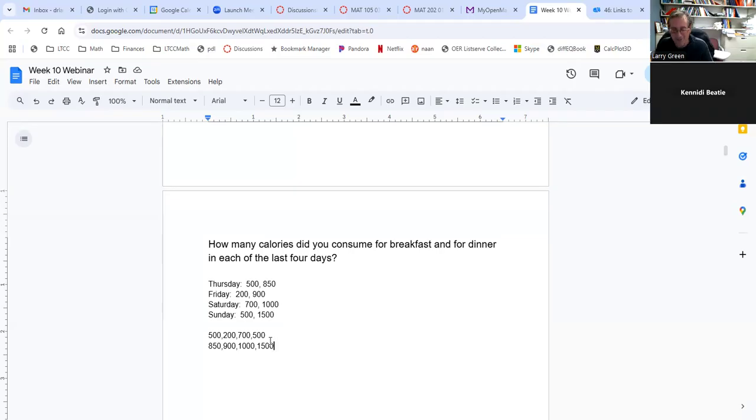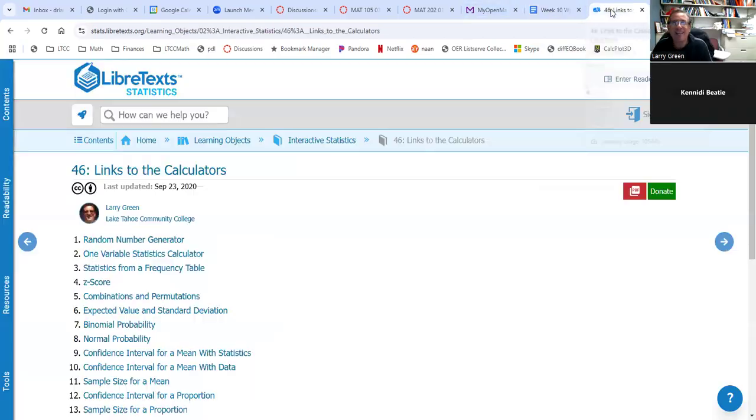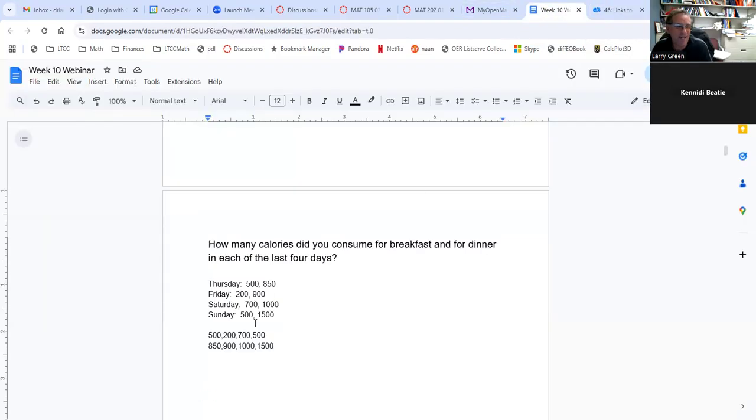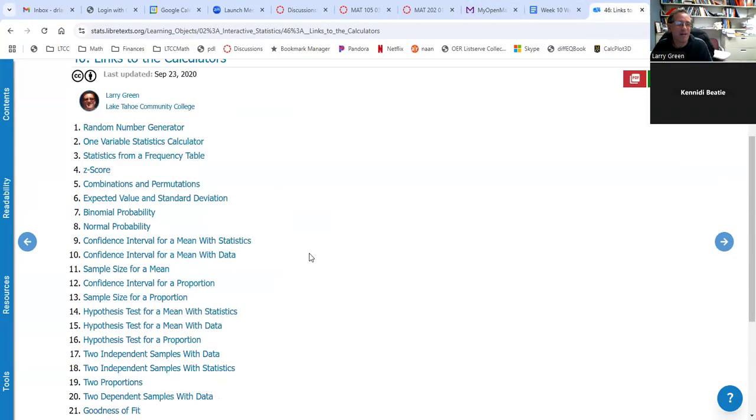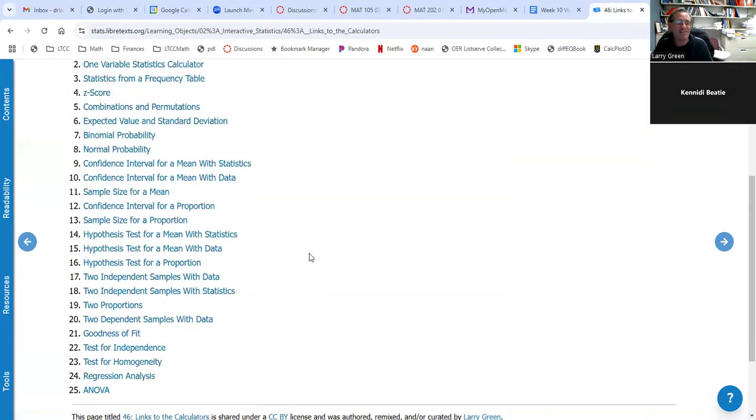Calculator. Yep, calculator. Again, I promised you that I was not going to even pretend to explain how the calculator works, but I'm hoping you know which calculator to use. Which calculator should we use? Number 24.